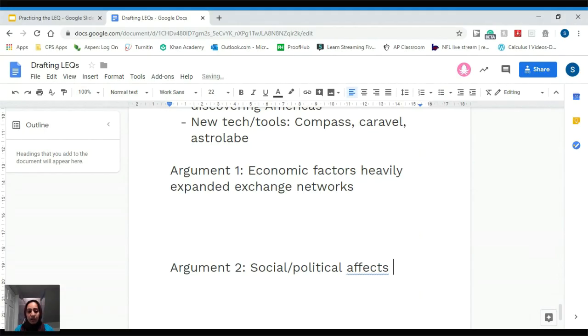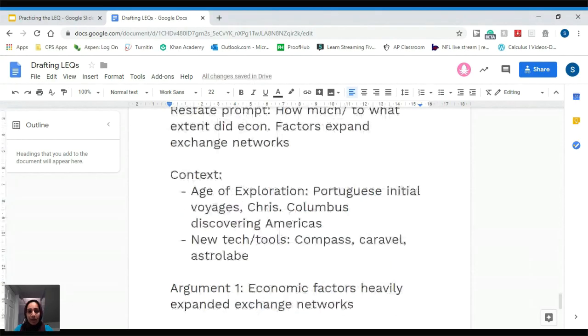So if you want to talk about other social, political factors that led to expanding exchange networks, or if you want to argue the opposite, that economic factors didn't really expand exchange networks, if you have evidence, of course, to back it up.